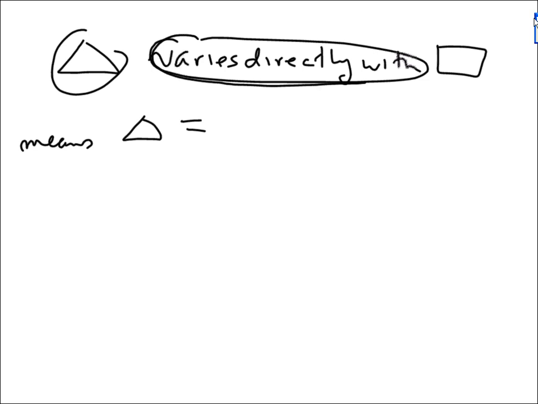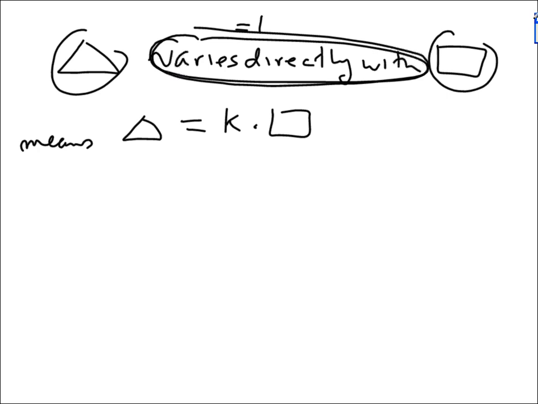Varies directly with means equals k times. It doesn't mean exactly that, but you can definitely get away with thinking it means that.